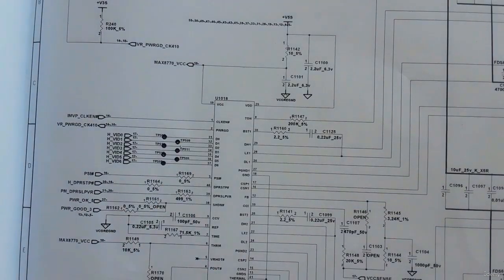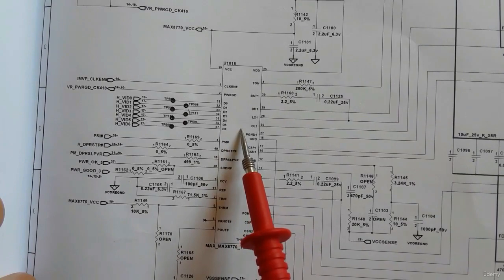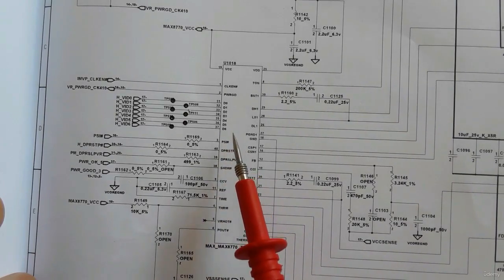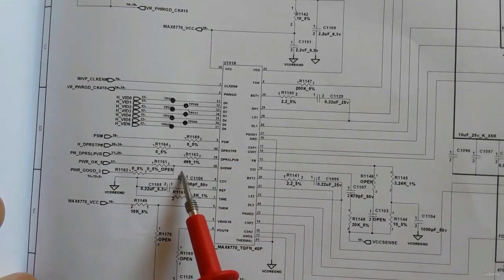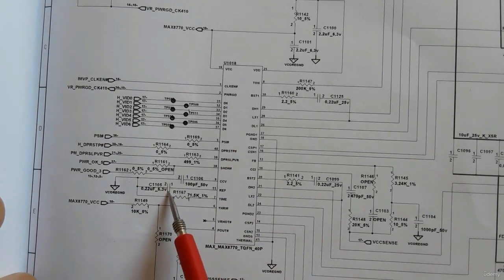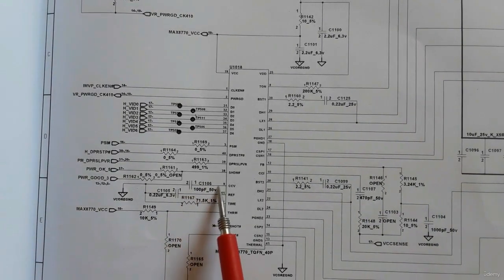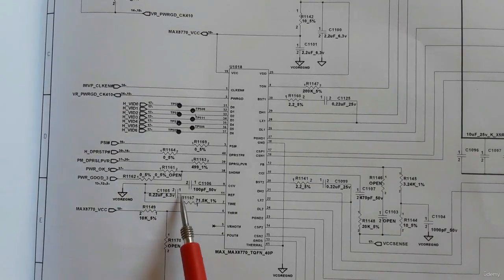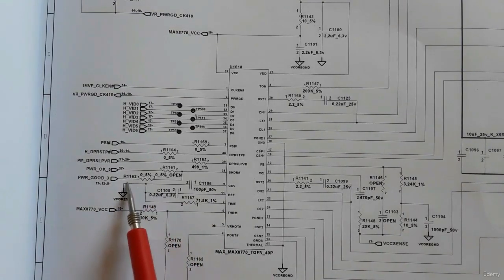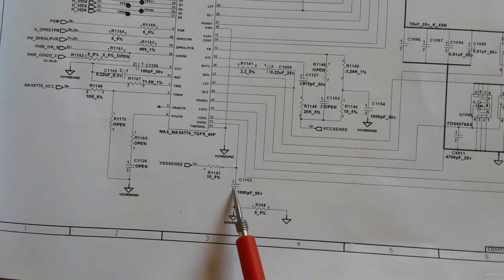Okay, so now I'm going to show you the components that you should check if you have a bad motherboard and you find that the problem is in the CPU circuit. First component is the charge or the power management IC, and here, as you can see, near the power management IC we have some ceramic capacitors. These ceramic capacitors are connected to the ground on one side and to the power management IC on the other side.